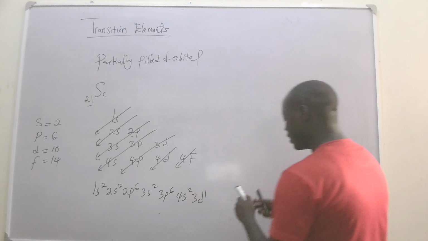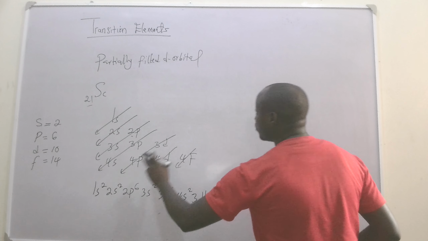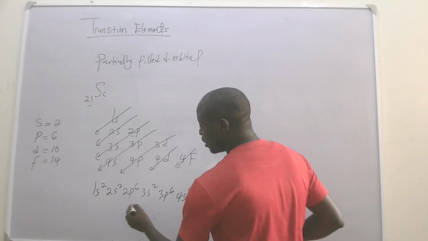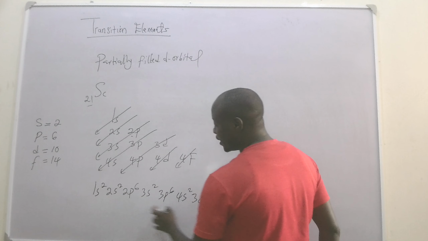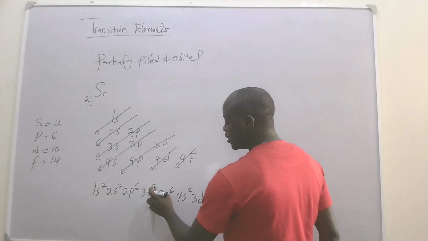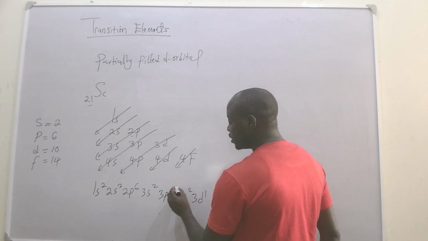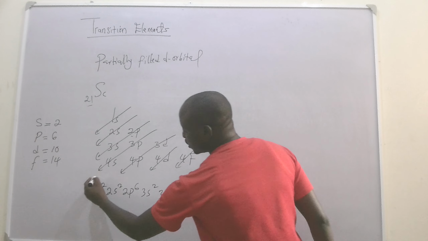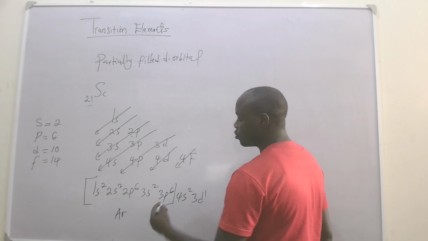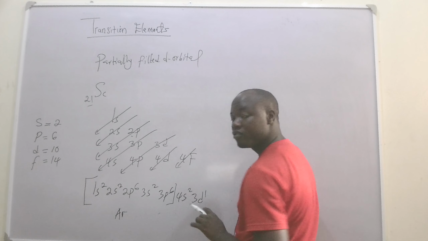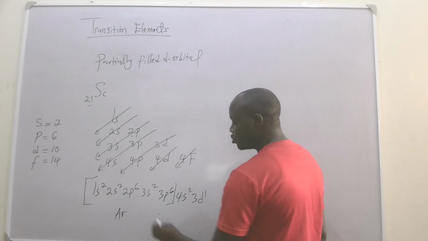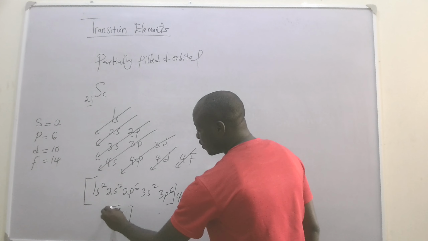So instead of writing the configuration of scandium like this, sometimes we summarize it. Because 1s2, 2s2, 2p6, 3s2, 3p6 is the same as the electron configuration of argon. So sometimes, if you want to draw the electron configuration of a transition element, instead of writing all this, you just summarize it as argon core.